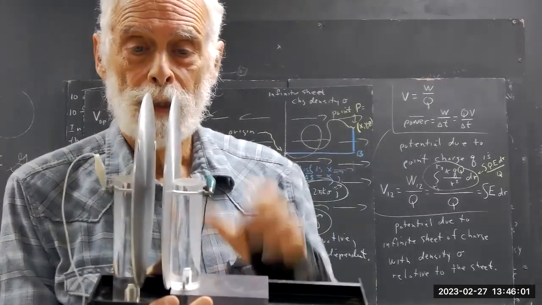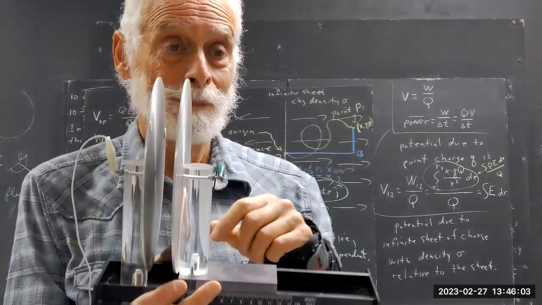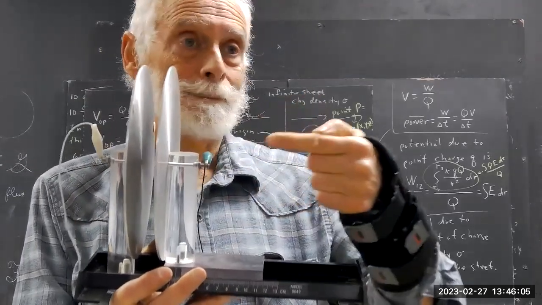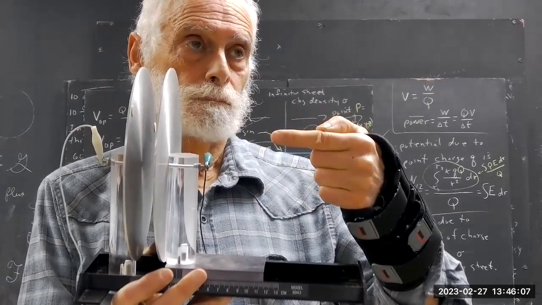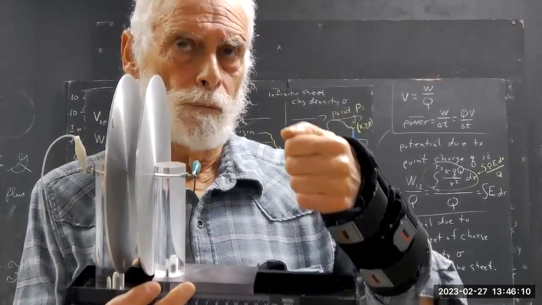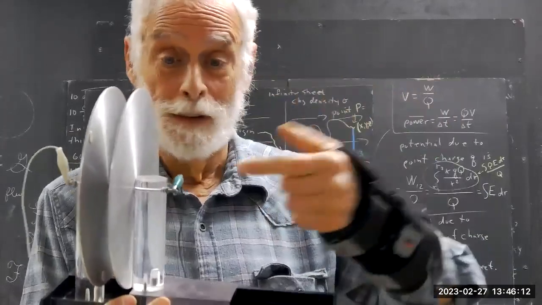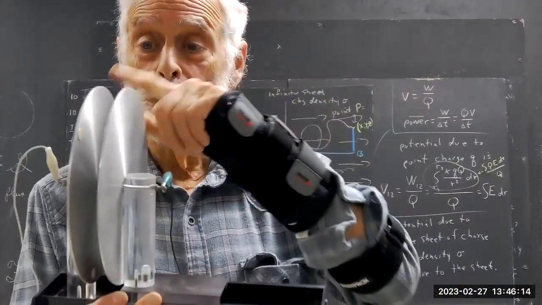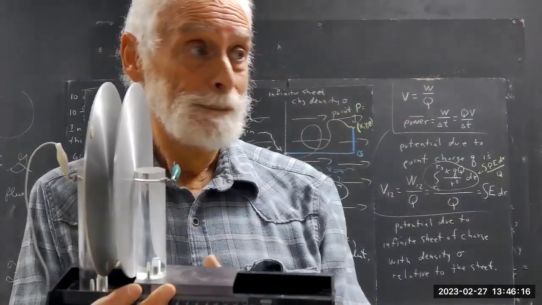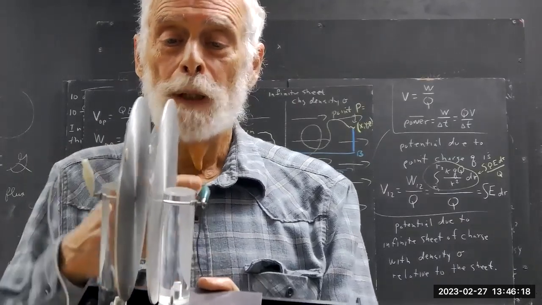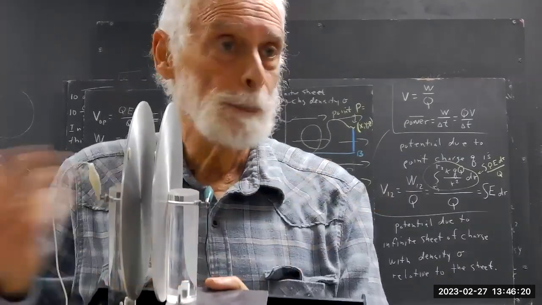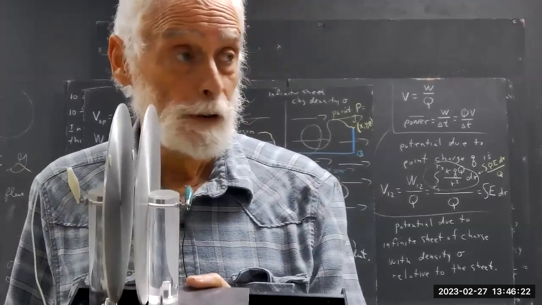Now outside the plates, you've got 2 pi k sigma toward the negative plate and 2 pi k sigma away from the positive plate. Now you've got pictures in your book of how that looks.